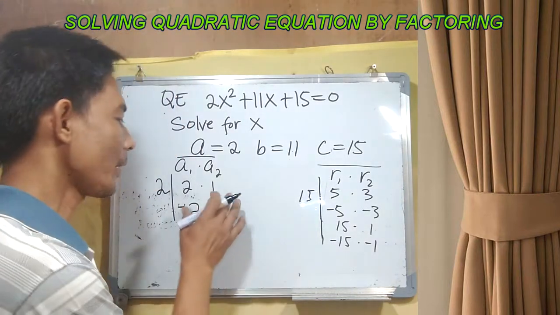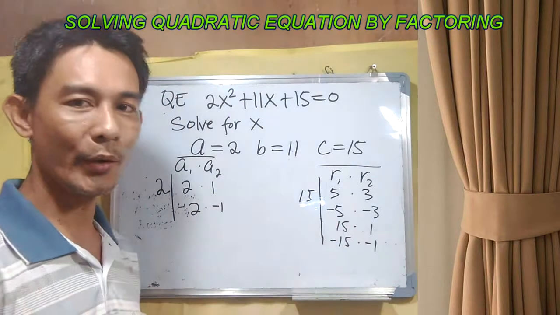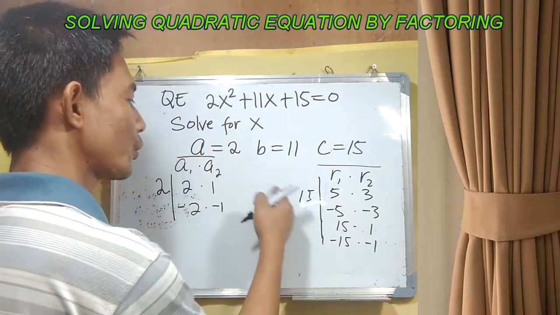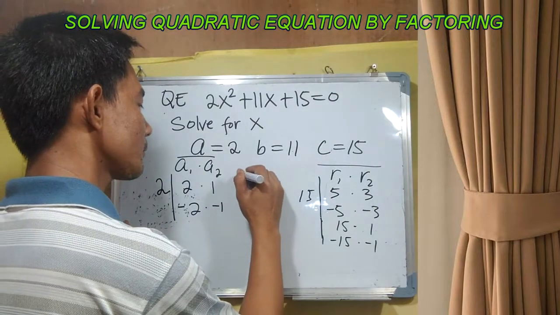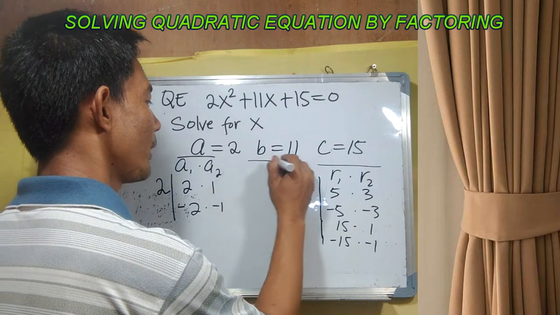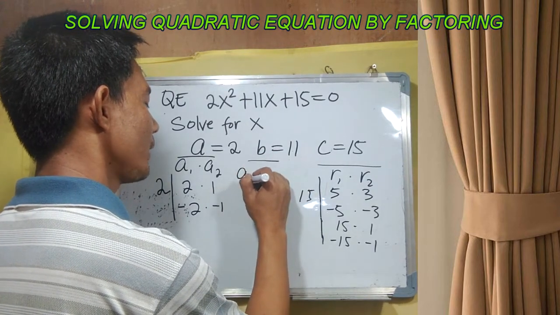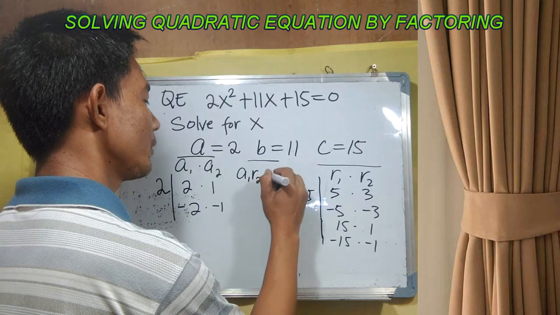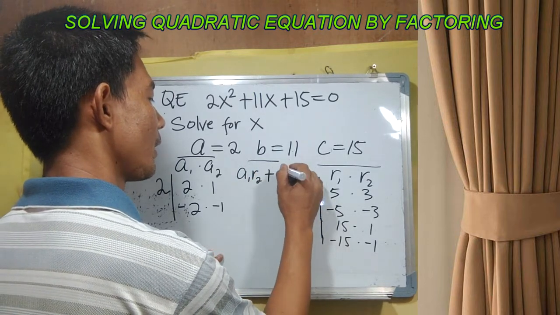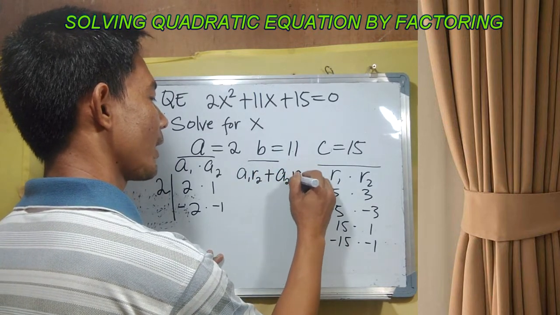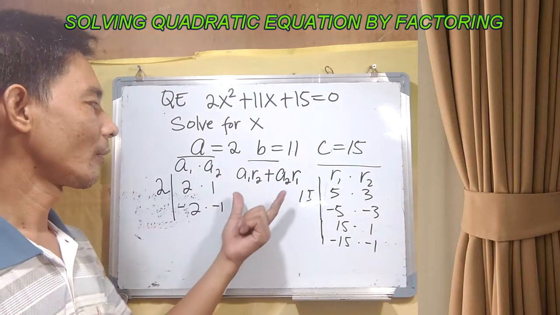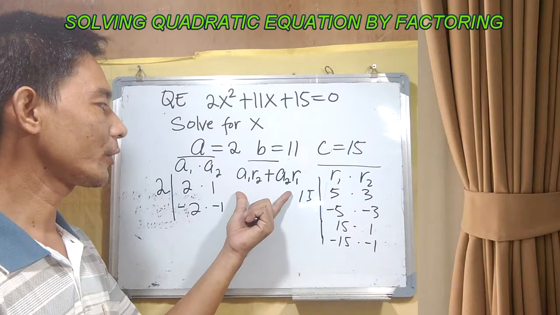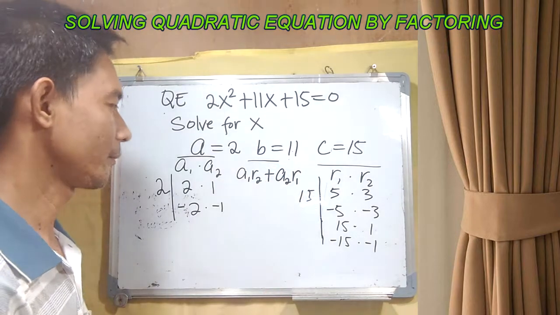And then from these factors, we're going to select to substitute to our b, which is a sub 1 times r sub 2 plus a sub 2 times r sub 1. Then the result should be 11.